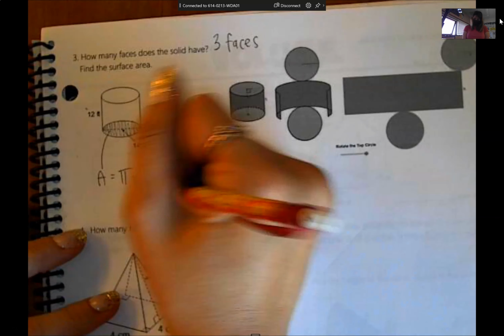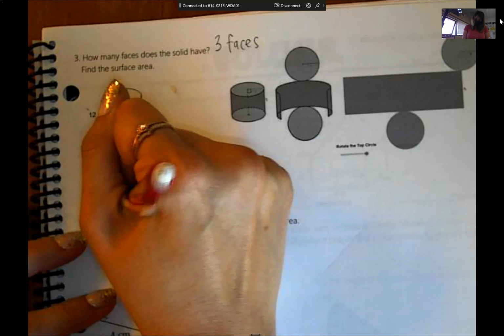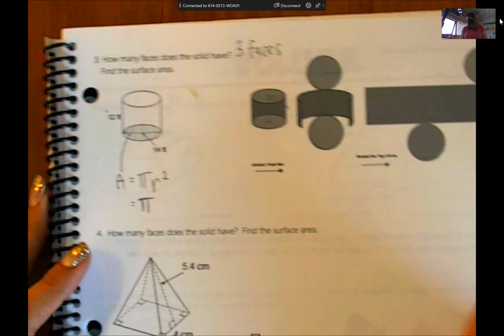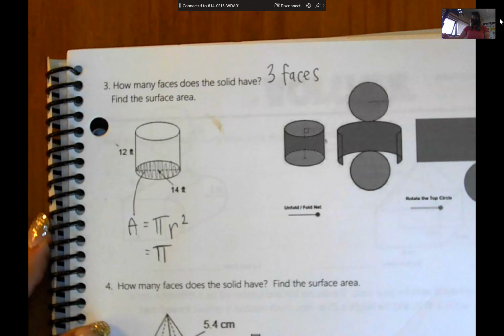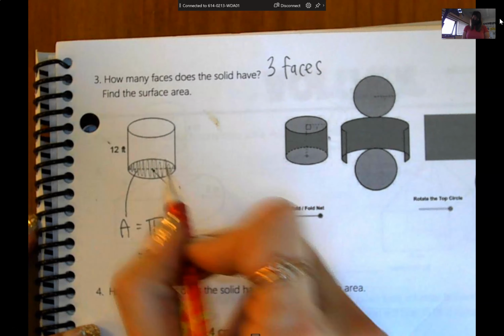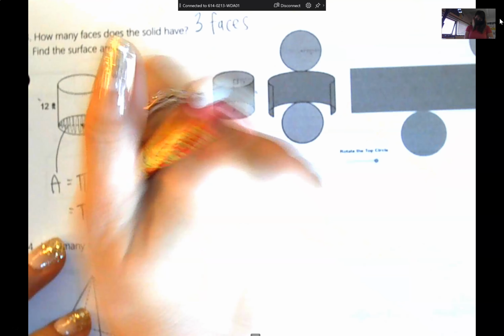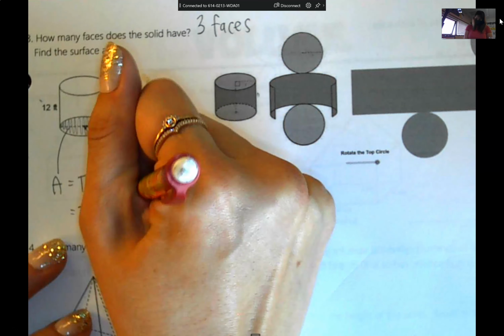Okay, so that's going to be pi. Uh-oh, they didn't give me the radius. What did they give me? Diameter. So the radius is half of the diameter. So how many? 7 squared.